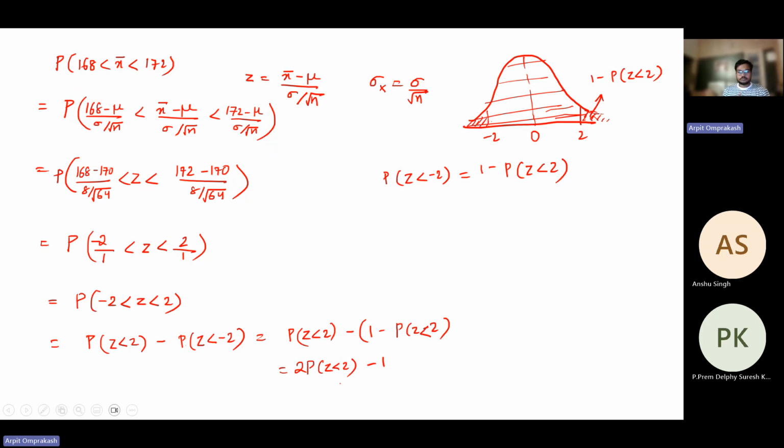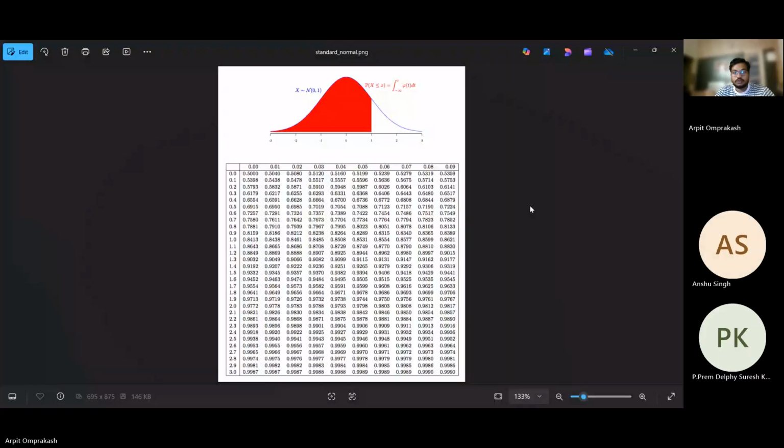So the probability that Z is less than 2 is a value that we can directly look up in the table. How we do that is, again, share the table. So we want the probability that Z is less than 2. For that, in this table we look up on the left-hand side column where we find 2.0, right?